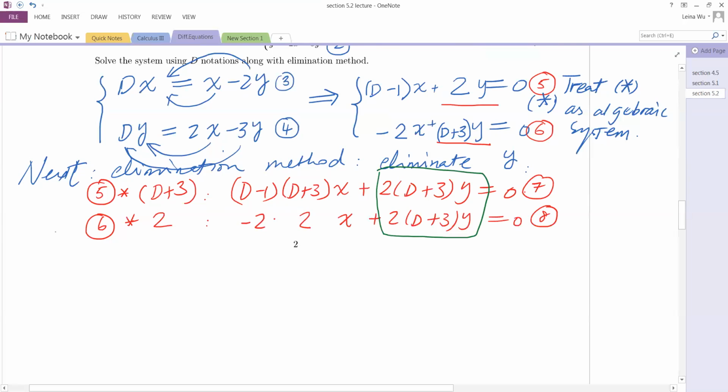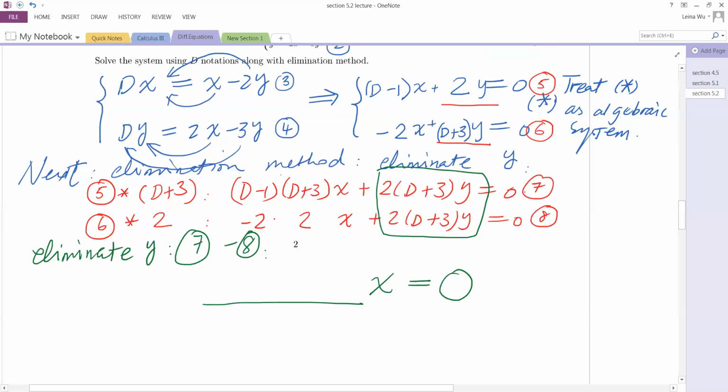We can eliminate y by equation 7 minus equation 8. You guys following me? Yep. Once you eliminate this, there's no y. The right-hand side will be 0 minus 0, which is 0. The left-hand side will be some x.